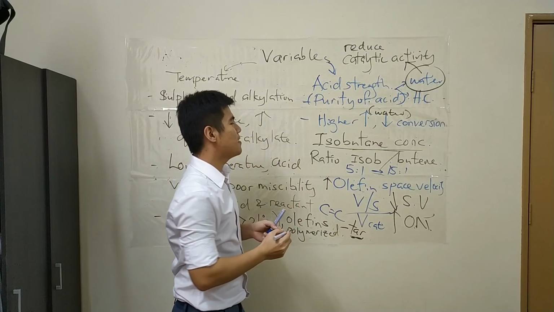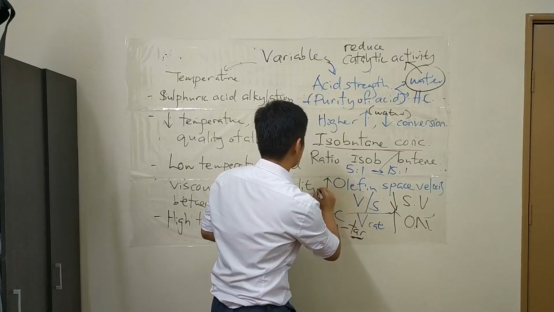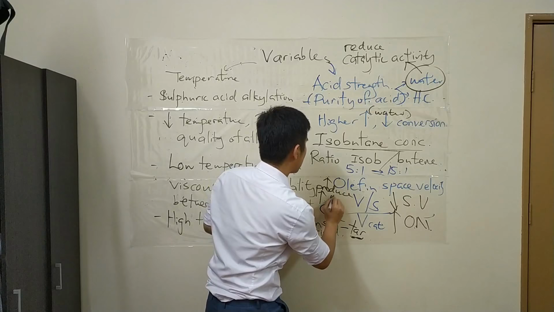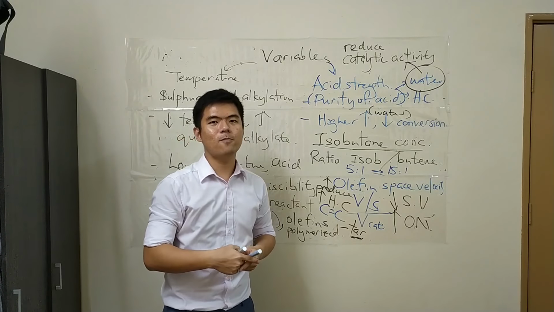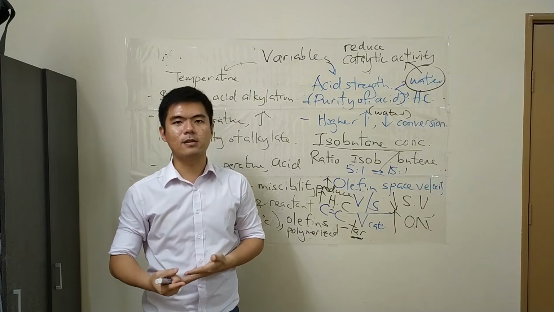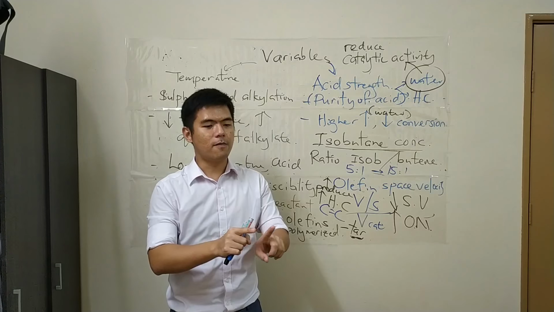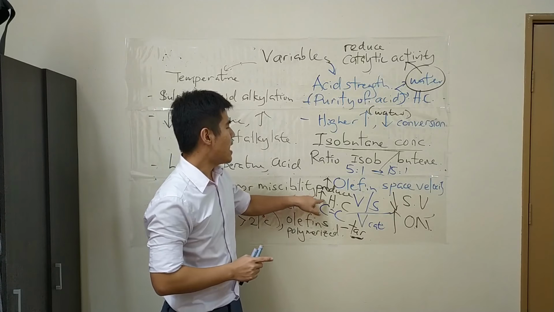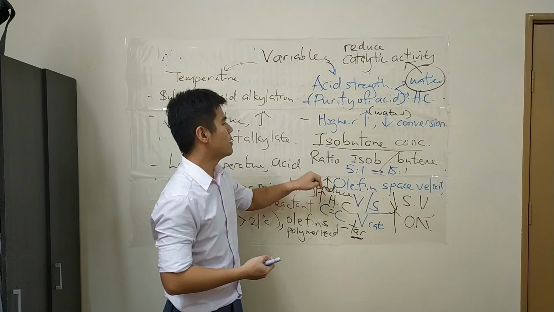I repeat again, higher olefin space velocity, what will happen? It will produce a longer chain hydrocarbon. Do you still remember last time we determined the research octane number based on the table? We compared straight chain paraffins of low molecular weight and high molecular weight, and we found that the higher the molecular weight of a straight chain paraffin, the lower the octane number.